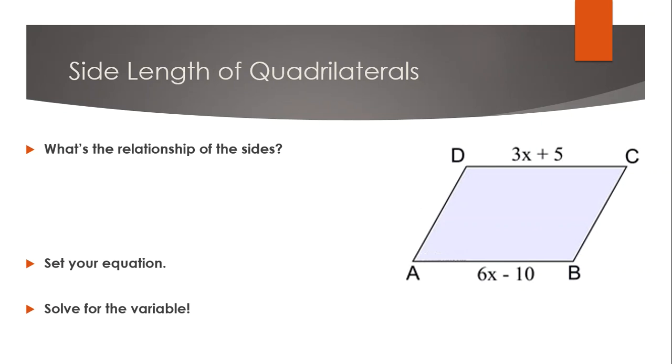We need to find the relationship of the sides, whether they're congruent, if one side is double the other side, or half, or if they're an average. Well, in this case, they are congruent. So we're going to set our equation. Our equation will be 3x plus 5 equals 6x minus 10. Combine like terms and solve for the variable. Turns out that x equals 5.